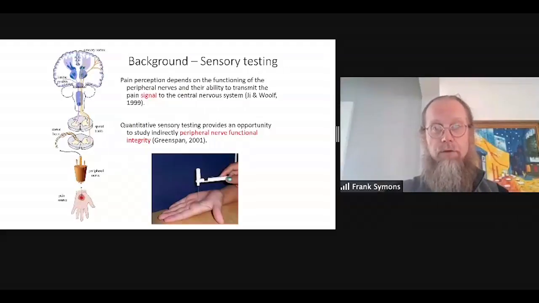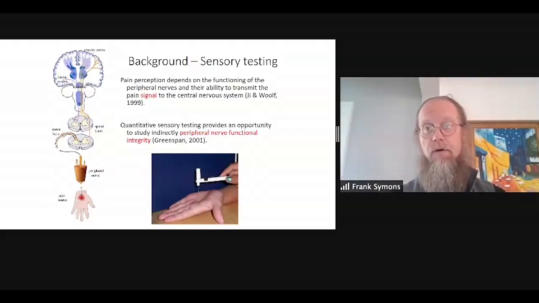So here's the overview. Just a quick background on sensory testing or quantitative sensory testing. We know there's a series of events from the periphery to central, of a transduction of a signal to get to central and be detected. And it involves basically a functional, intact central and peripheral nervous system to move that signal up. And there's a way to interrogate that non-invasively.